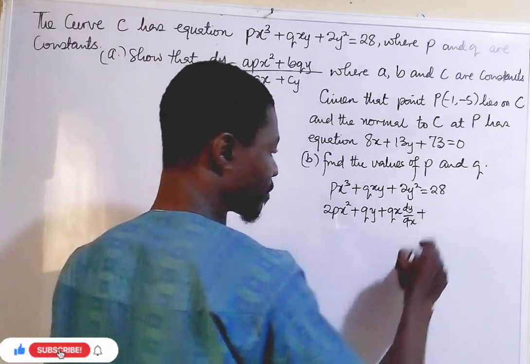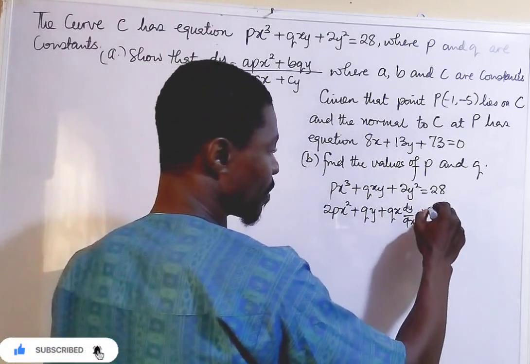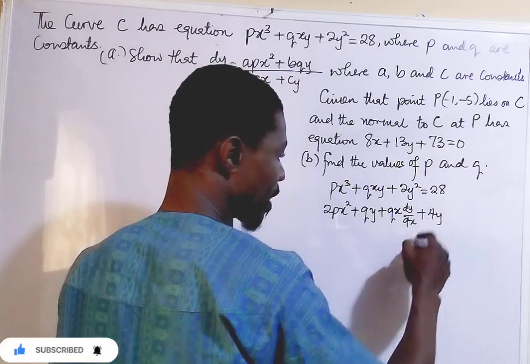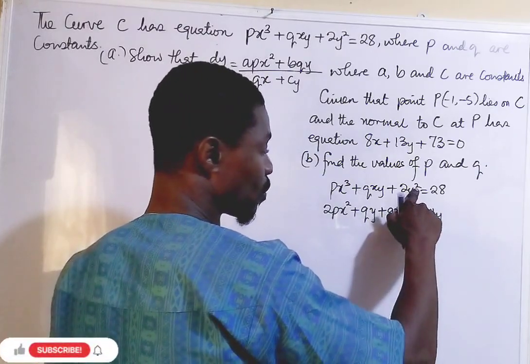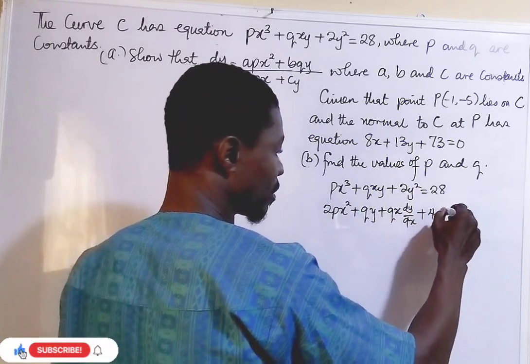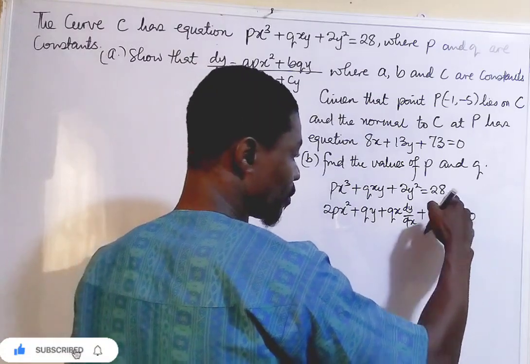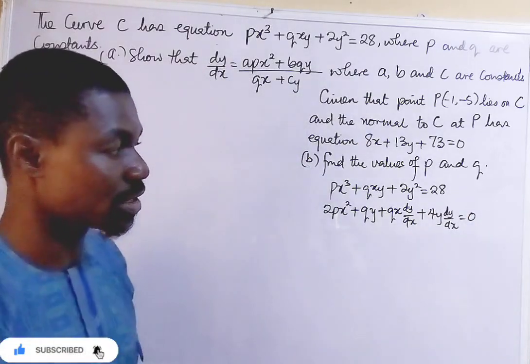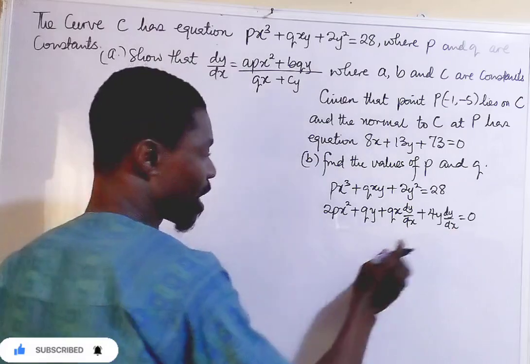Now plus, in this case also, differentiating 2y squared we have 4y, that is 2 times 2 gives us 4, then 2 minus 1 is 1, then dy/dx, which equals 0, because this is a constant. For every constant it becomes 0. So what we need to do now is factor out dy/dx.